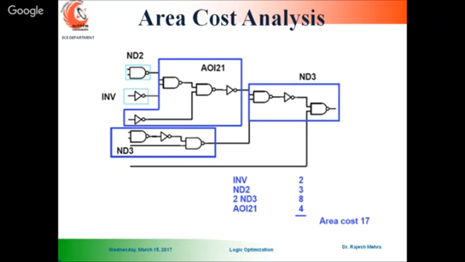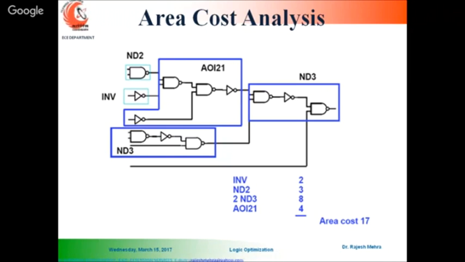So in this way, you perform logic synthesis that will depend upon your logic, technology independent and technology dependent optimization, and you try to reduce the area cost of your complete design. And what was initially? It was 31.